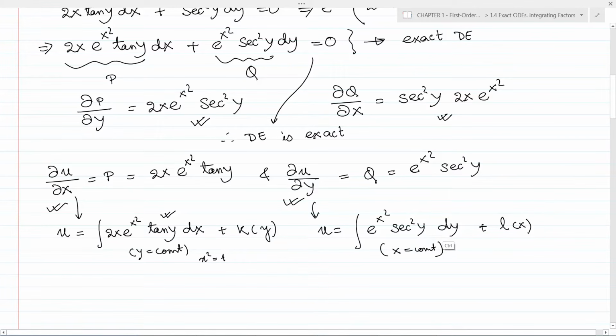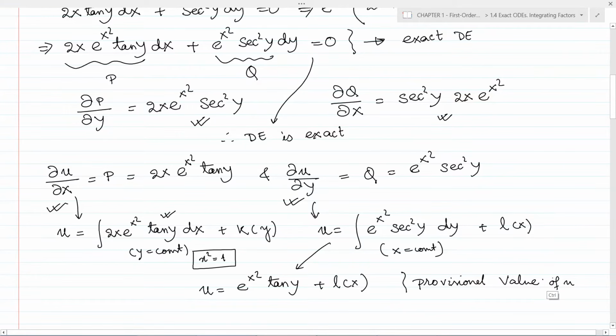So calculating the second integral is a little bit easier than the first integral, because for the first integral we have to do substitution. So we will take the second integral, and from here we can write u equal to e to the power x square times integration of sec square y dy, which is tan y plus L of x, and this is the provisional value of u, because we have not calculated L of x yet.